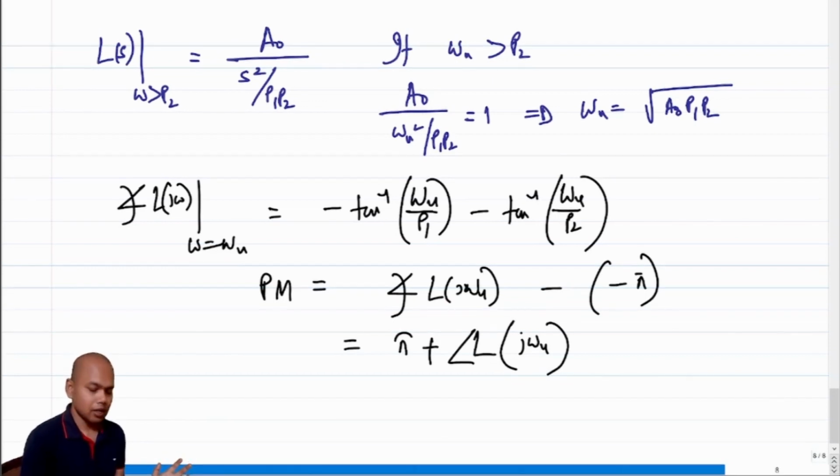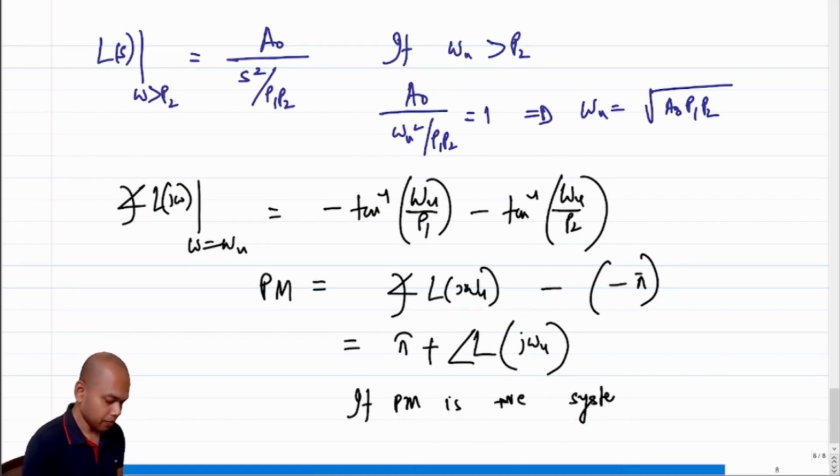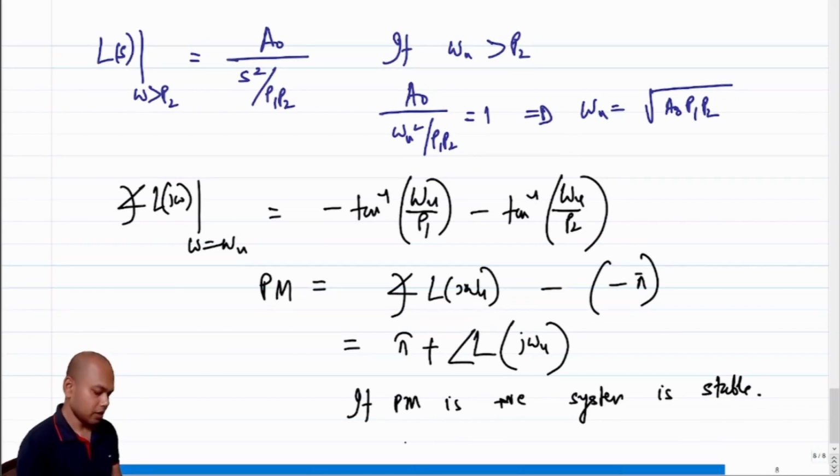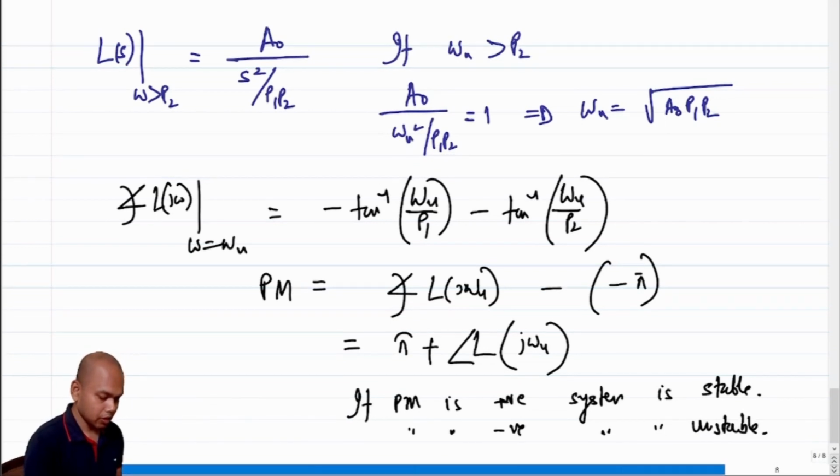Else, if we can ensure that this phase margin is positive, the system is stable. If phase margin is negative, system is unstable, right?